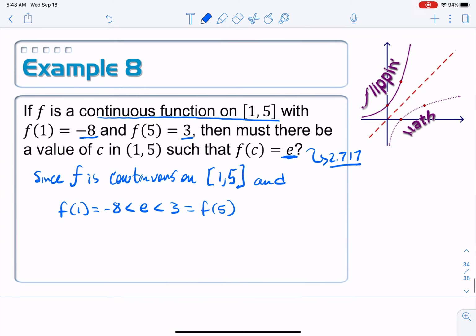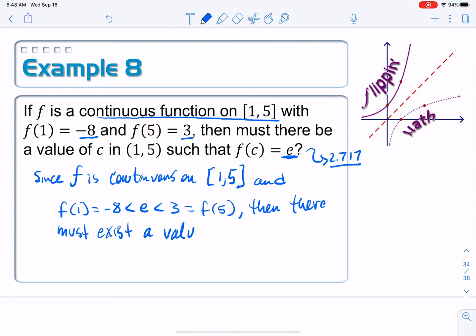Bam. Since f is continuous on the closed interval from 1 to 5, and f of 1, which is equal to -8, is less than e, which is less than 3, which is equal to f of 5, then there must exist a value, that says value, by the way.